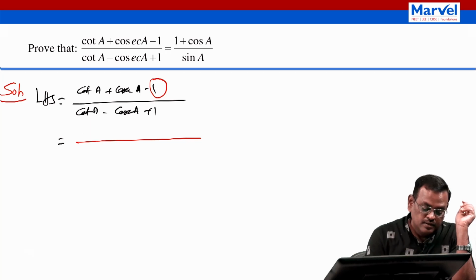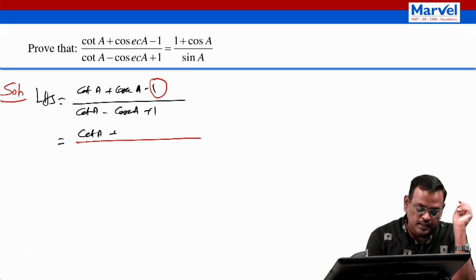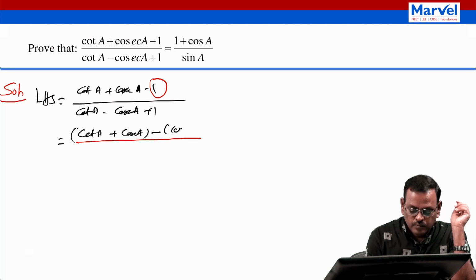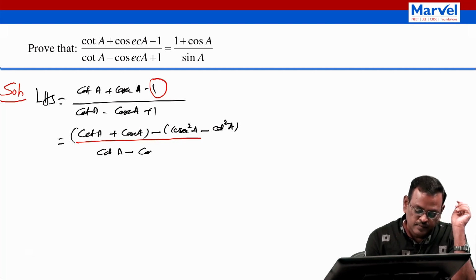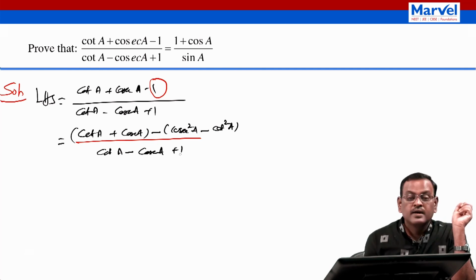So what is that? Cot A plus cosecant A minus, cosecant square A minus cot square A, by no change in the denominator, correct.